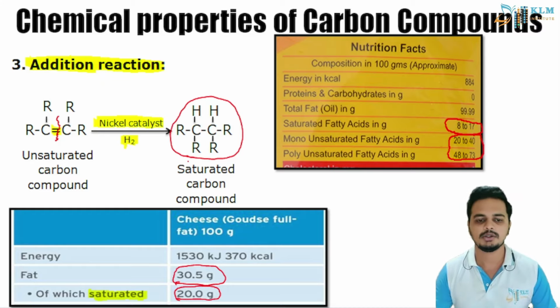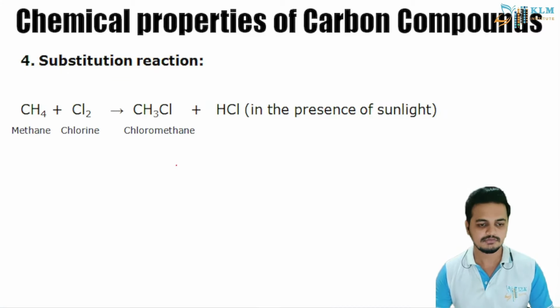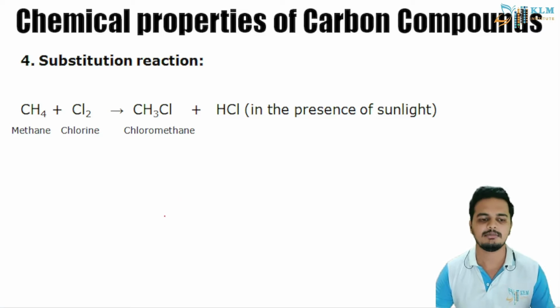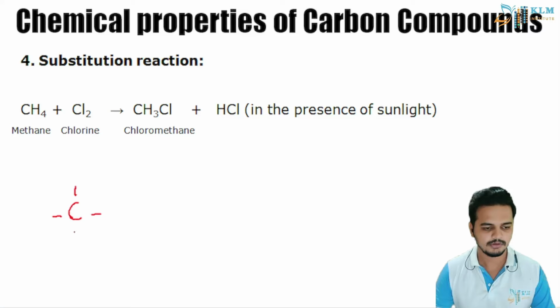So that is about the addition reaction. Now let us move on to the substitution reaction of carbon compounds. We will draw a methane molecule here. So this is a methane molecule.